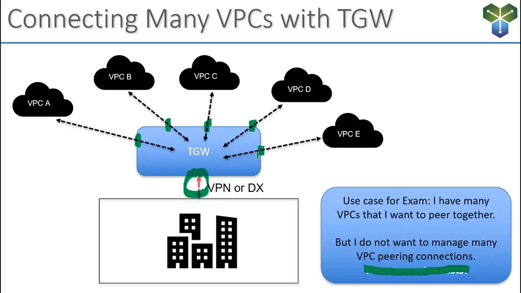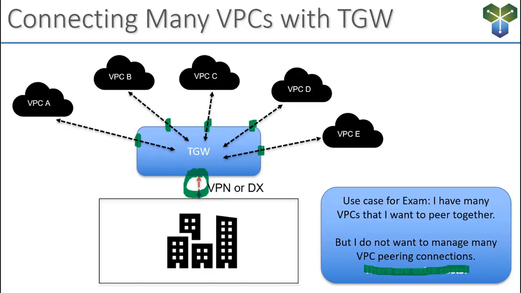So typically those costs are about 2 cents per gigabyte of data. But again, that can vary by region and those prices may change over time. But as a rough rule of thumb, it's going to be approximately 2 cents per gigabyte. And those data processing charges apply to traffic that's going from one VPC to another, or traffic that could be going to the on-premises data center as well.